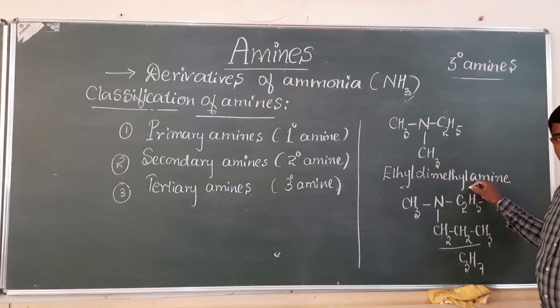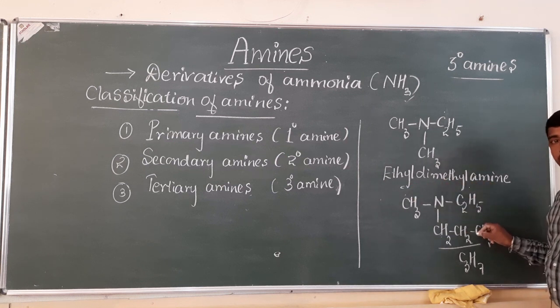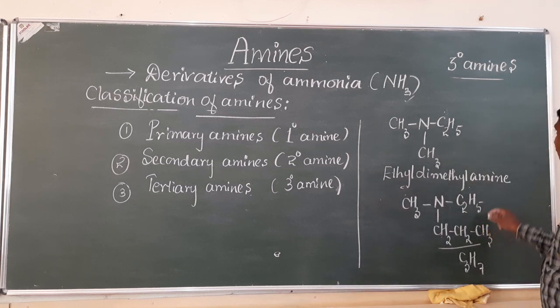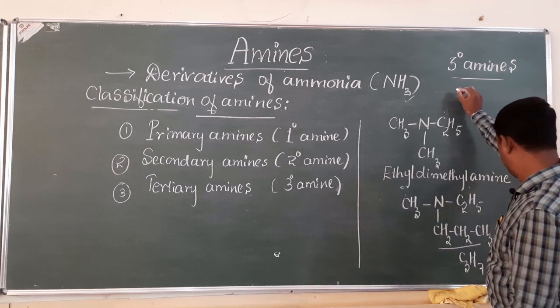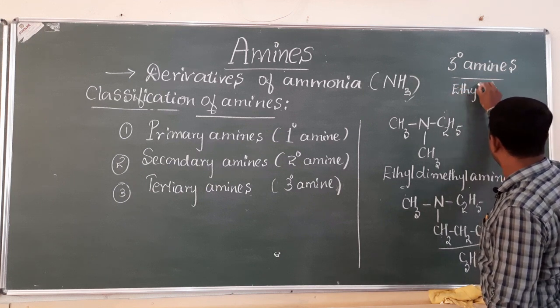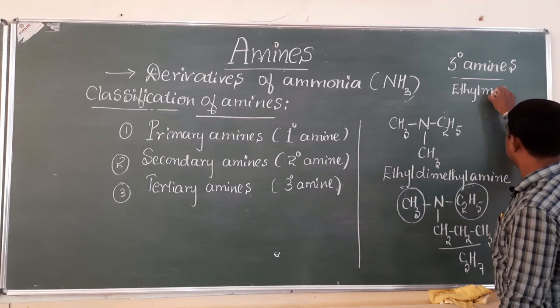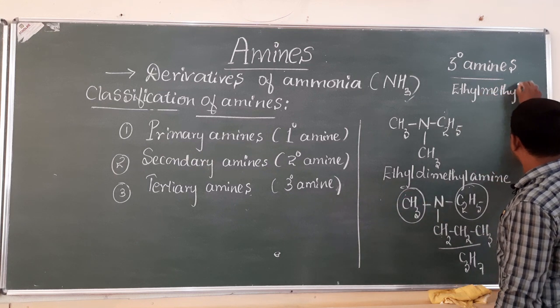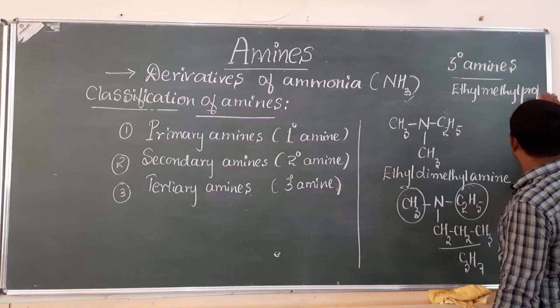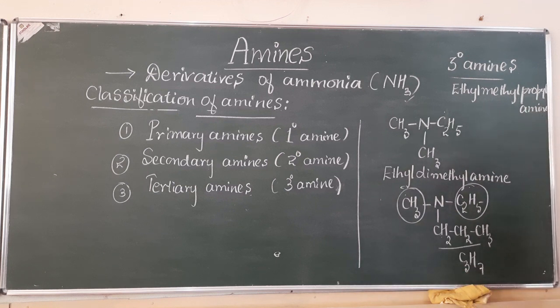So E comes first, ethyl, then methyl, finally I would write propyl. So the name of this amine is ethyl, methyl, propylamine.